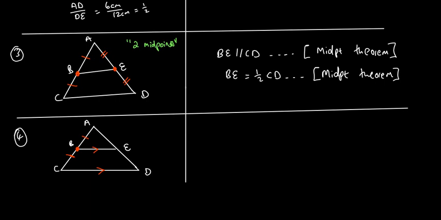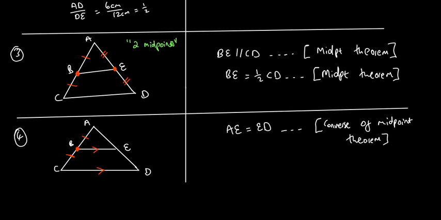Once we have a situation like this, good people, remember that we conclude to say AE should also be equal to ED. What is your reason? You write: converse of midpoint theorem.